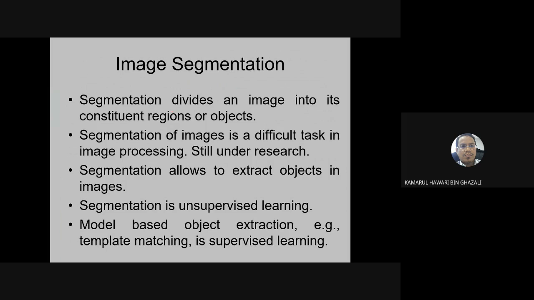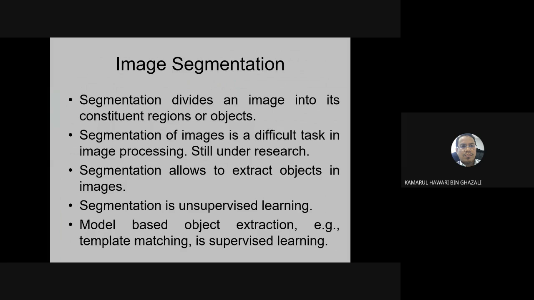Next, we go to segmentation. This slide is a little bit mixed. At the beginning is segmentation, edge, and now comes segmentation again. I hope that you can still get all the information. Segmentation divides an image into its constituent regions.